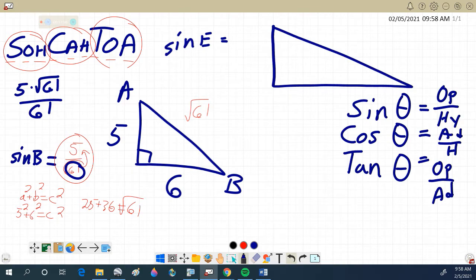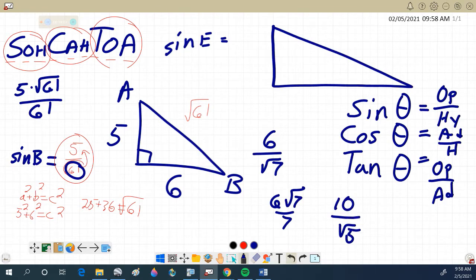So what if I had 6 over root 7? What would the answer be? 6 root 7 over 7. Okay, but watch this. What about 10 over the square root of 5? What would that be? 10 root 5 over 5.